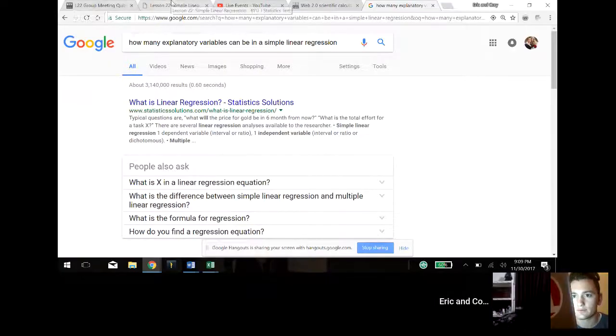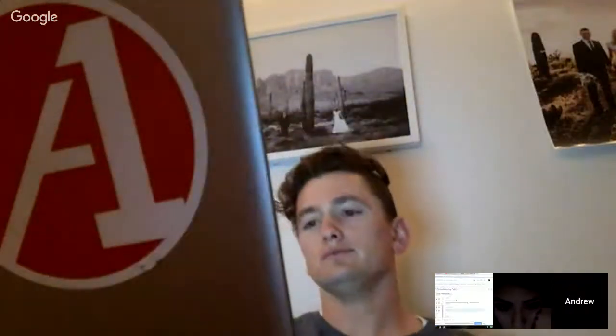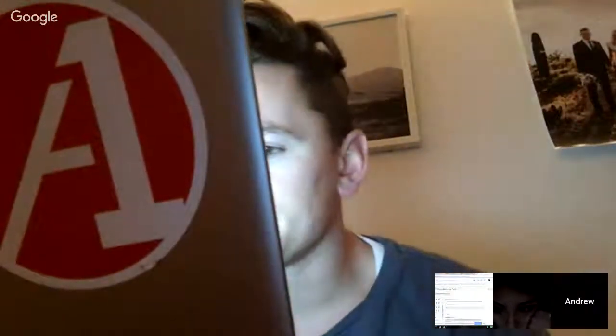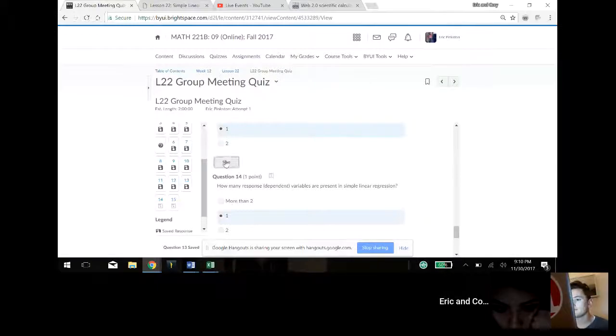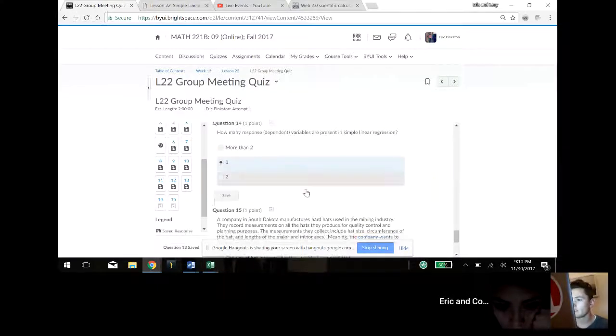That would be more than 2. But look at this on Google. Simple linear regression: one dependent variable, one independent variable. One of each. One. I guess that's for simple linear regression. Maybe there's complex linear regression that involves more. Hope not. Maybe that's next week. Okay, we'll try 1, and if it's wrong, we'll blame it on Daniela.